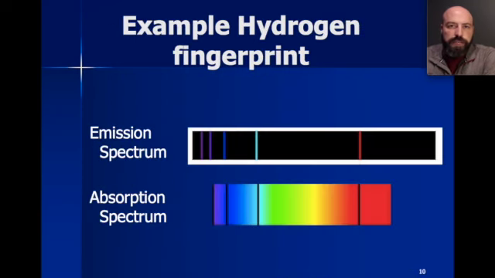For example, here's hydrogen. There are two types of spectrum that we look at. We look at either an emission spectrum, which is when a source is sending off specific wavelengths, like in that case, or an absorption spectrum. This is where you have a continuous spectrum that passes through something like hydrogen, and then the hydrogen absorbs those colors.